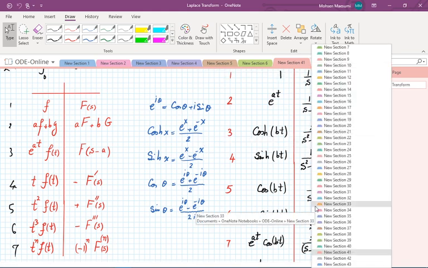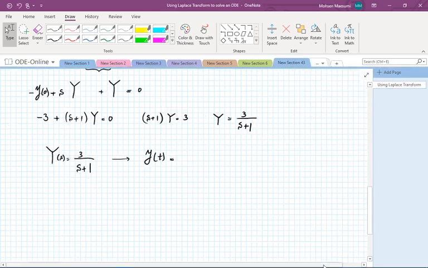Let's go and write it there. So we need that table in front of us. So this 3 was a factor. This plus 1 translated to minus 1 in the exponent, and 1 over s plus something is just plain exponential. So the problem was as simple as that.